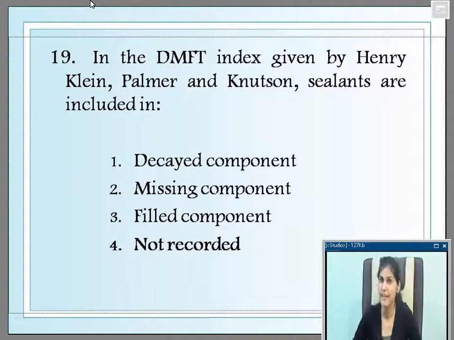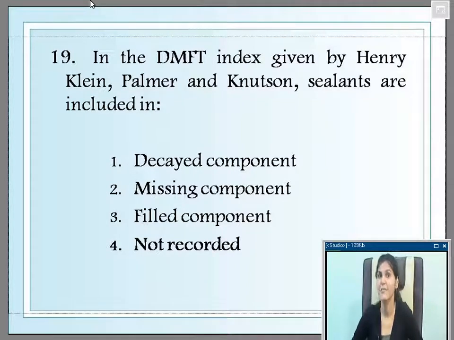If the tooth is fractured and restored, it is not recorded as F. Similarly, for the D component, the decayed component, only those teeth that are affected by caries will be recorded as D. So sealants, that is your pit and fissure sealants, are neither in your D, nor in your F, nor in your M. They cannot come in your F because the criteria are very strict, that a tooth that is filled for caries only will be classified as F.